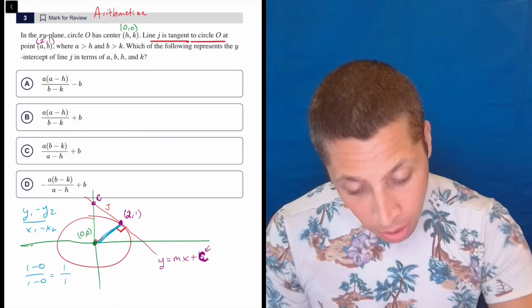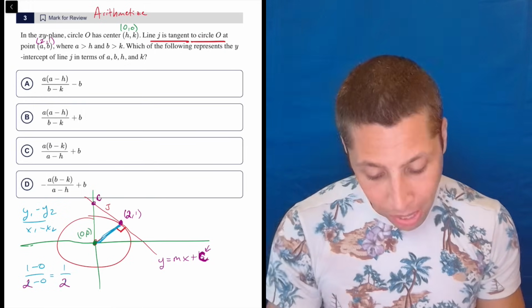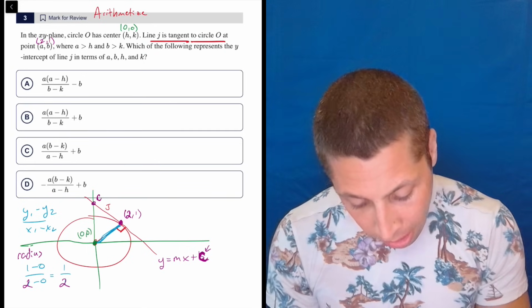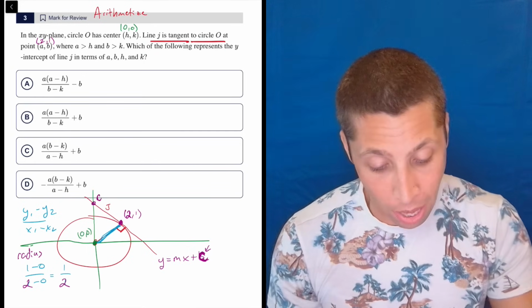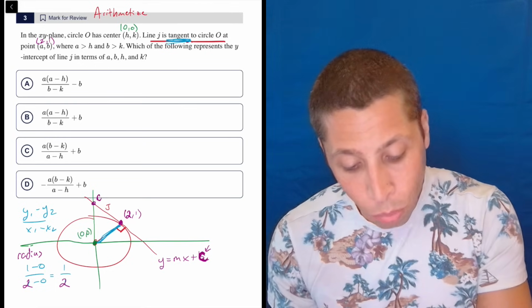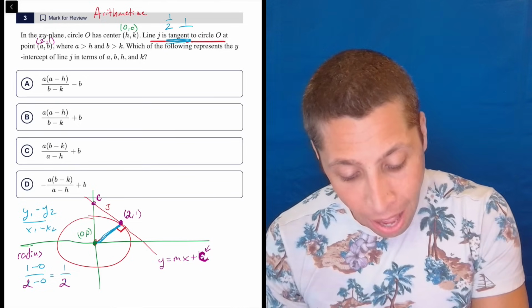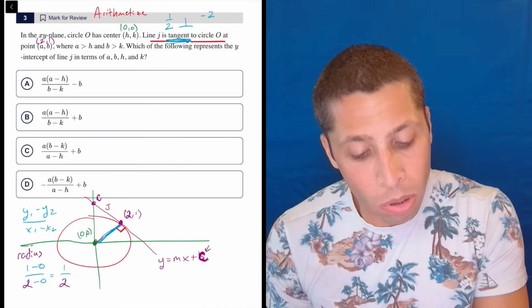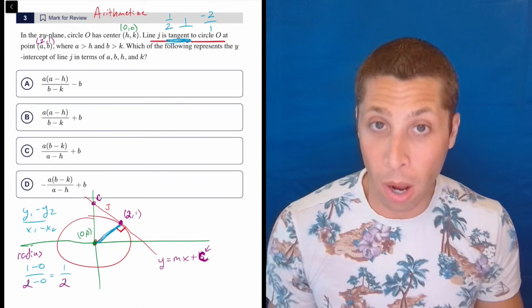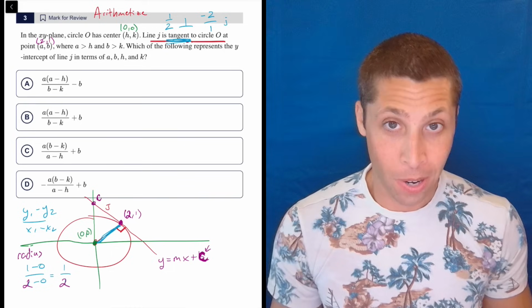Then the bottom now is 2 minus 0, meaning my slope of the radius is 1/2. Now we start using this fact about the tangent line, which is really a fact about perpendicular lines. So a slope of 1/2 is going to be perpendicular to a slope of negative 2 over 1. So that is my slope of line J.